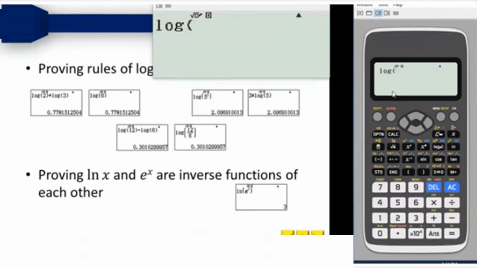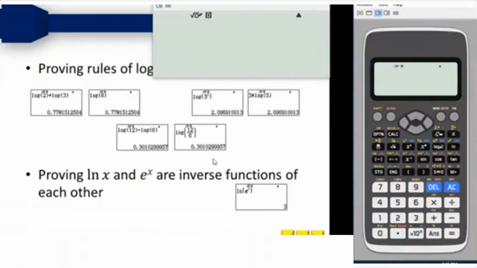But if you want the log with a base and power, you will press this button where my cursor is. I hope this is visible to all. This button indicates log with a base and power, so if we have both a base and a power, we can write log from here.